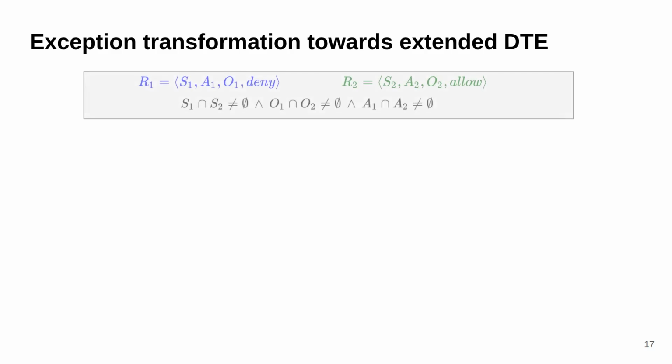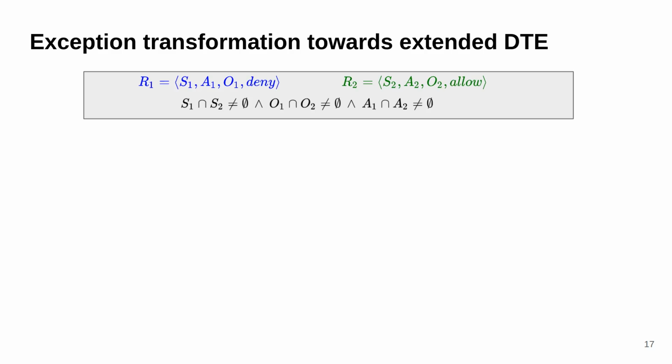So let's consider two rules, R1 and R2, that form an exception. The rule R1 is saying that any entity having the subject S1 cannot perform the action A1 on any entity having the object O1, while the rule R2 ensures that any entity having the subject S2 can perform the action A2 on any entity having the object O2.